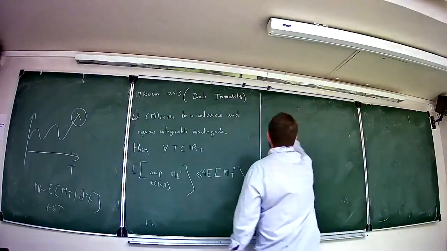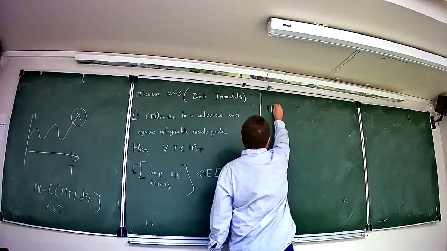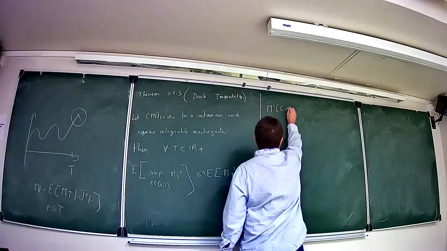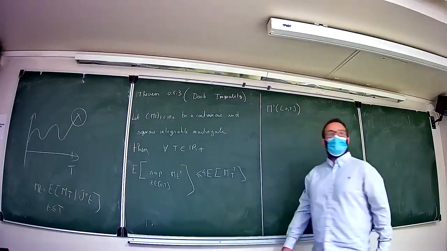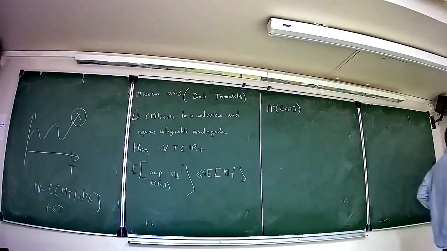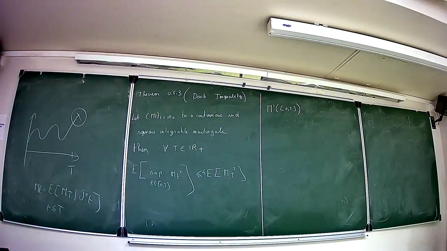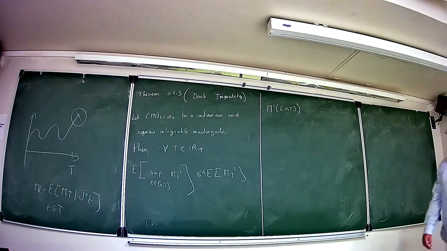So I denote M2 of 0 capital T. It's a notation that we will use a lot in the chapter, from chapter 2, in fact. It's just the set of the continuous martingales on 0 capital T that are square integrable.